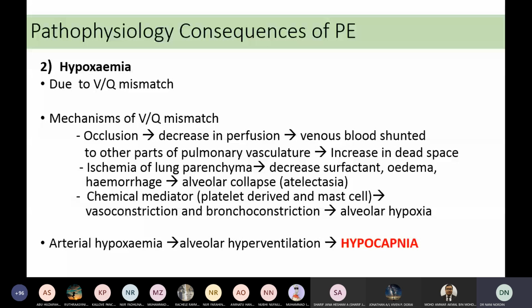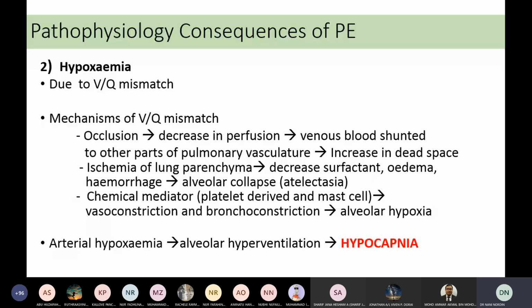I think you learned in your physiology as well, when you have hypoxemia, you will tend to have hyperventilation, right? Then with hyperventilation, you will have hypocapnia because you hyperventilate and release your carbon dioxide.